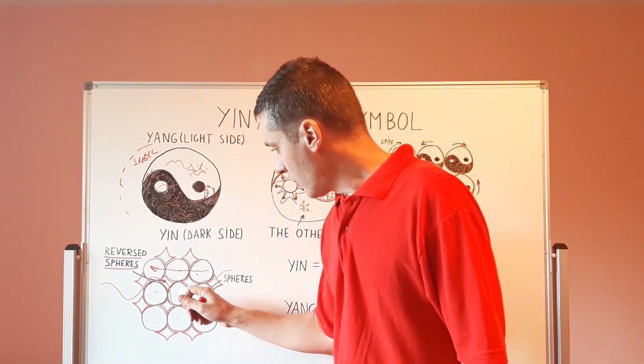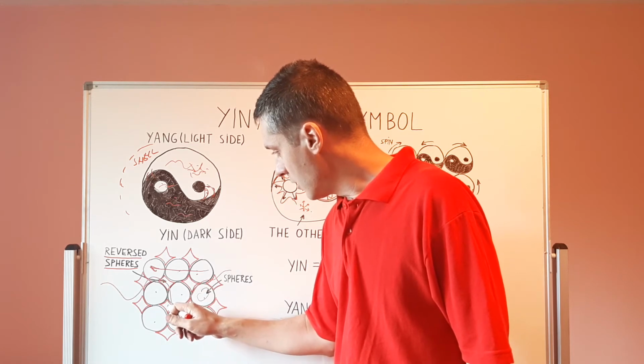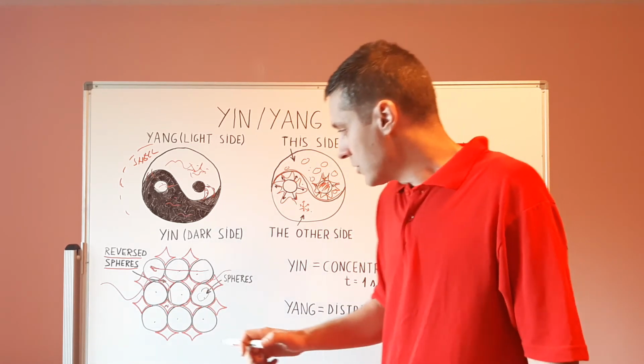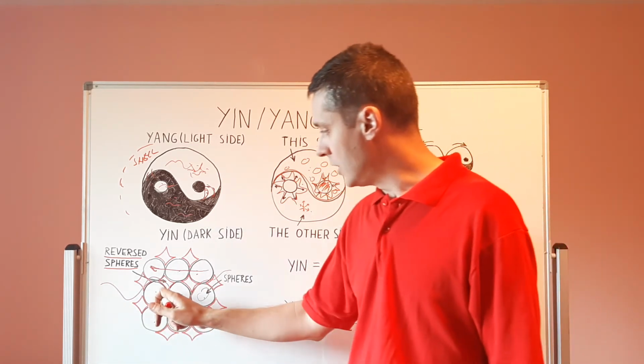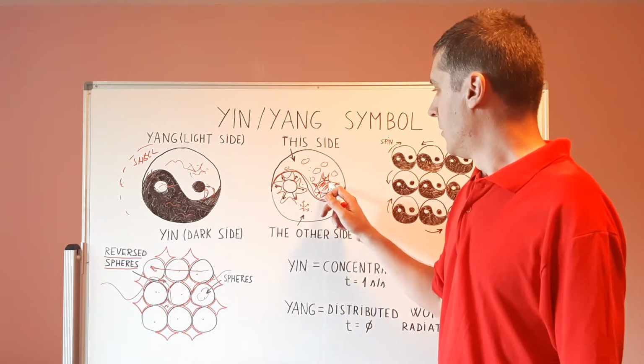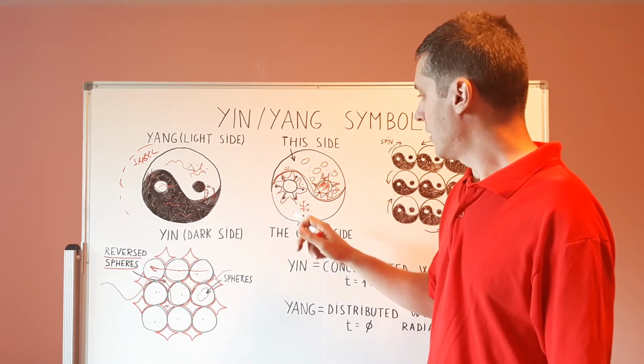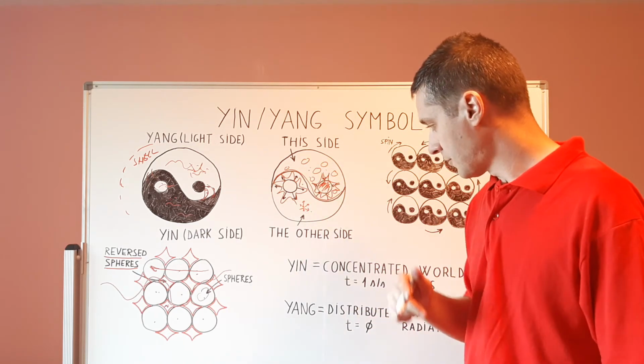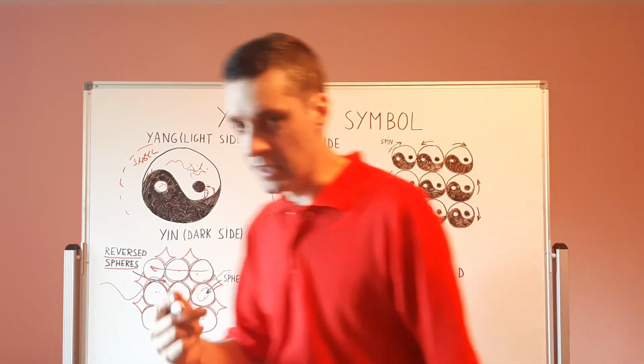A representation when you have four spheres with an empty space between them. And you say it very clearly: mass can be only here and radiation only here, which is similar in this case. Mass can be only on this side and radiation on the other side. Another way of saying it.